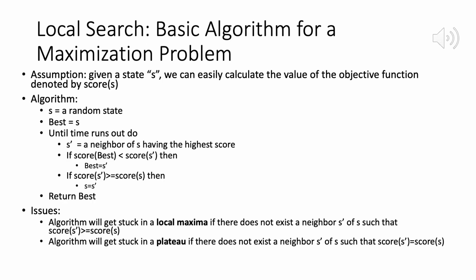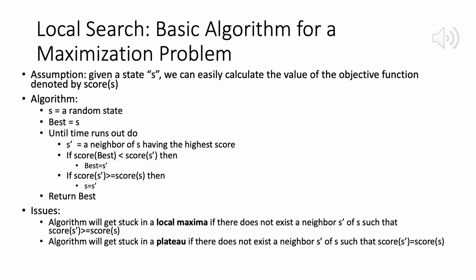I will now describe the basic local search algorithm for solving a maximization task. And remember, we are only focusing on discrete graphical models here as well as discrete optimization problems. We are not using local search here to solve continuous optimization problems. You may ask, why am I focusing on the maximization task rather than the minimization task?